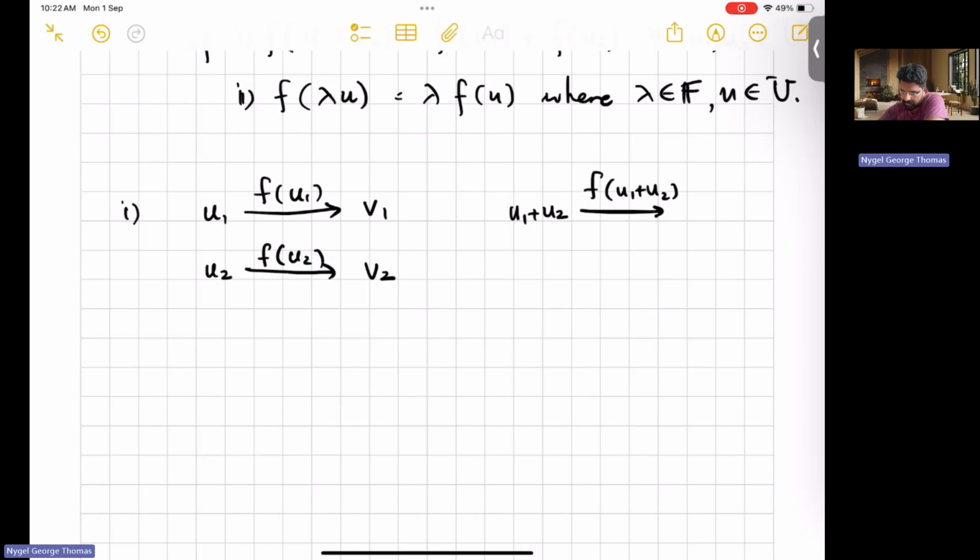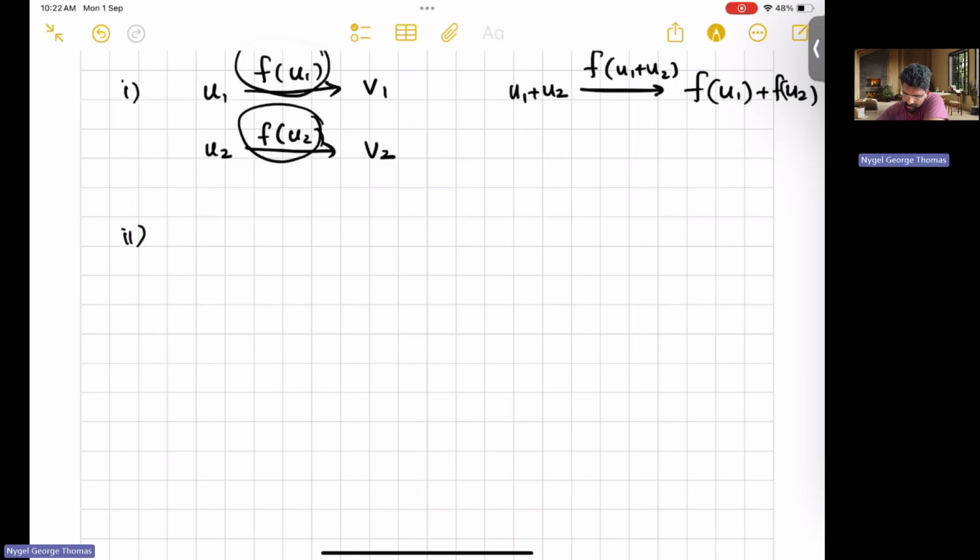That is one way of doing it. But since it's a linear transform, we need not actually compute U1 plus U2. If you know f of U1 and f of U2, you basically just have to add them together. f of U1 plus f of U2 will give you f of U1 plus U2.